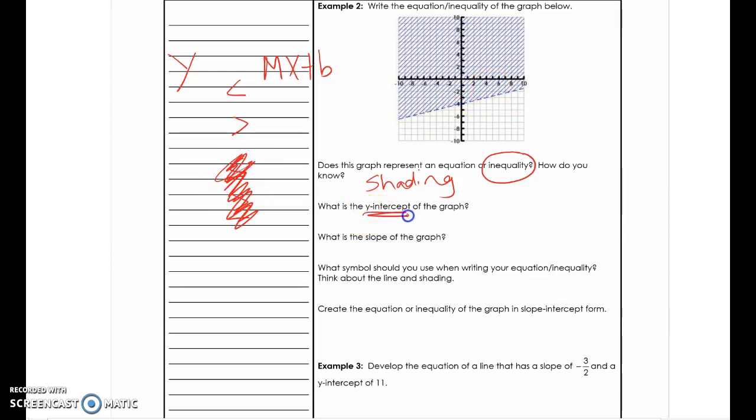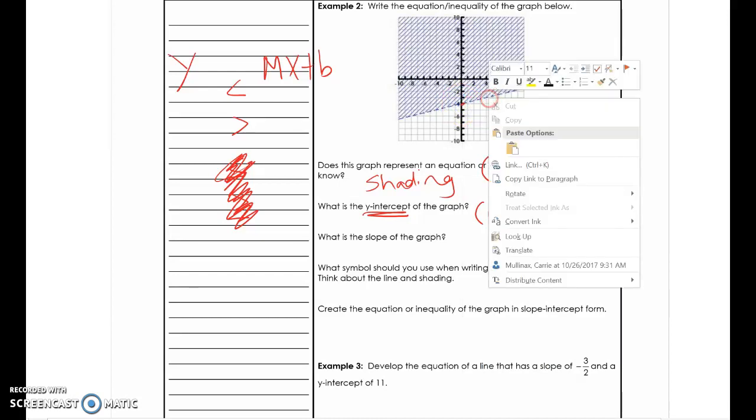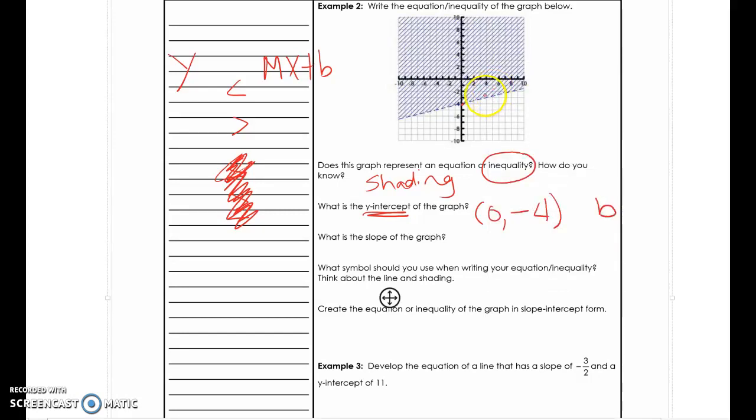Start with the y-intercept. The y-intercept is where it crosses the y-axis, 0, negative 4. So this will be b in y equals mx plus b. Find the slope. I am going from negative 4 up 1 over 4 maybe. How do I know for sure? I'm going to check it.